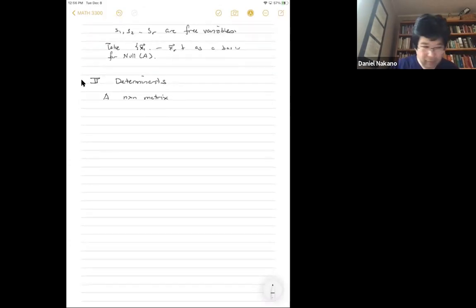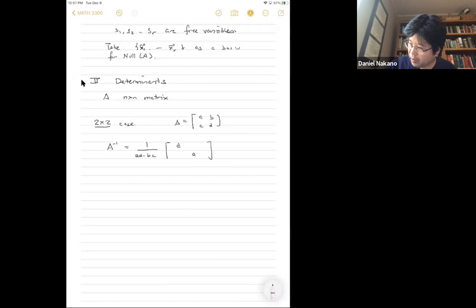Well, let me just start off with the 2 by 2 case. We have a formula for the inverse in the 2 by 2 case. So if A is equal to [A, B; C, D], what's the inverse? It's 1 over AD minus BC, and you flip the D and the A, and then you negate the B and the C. Okay, so this is the formula for the inverse.